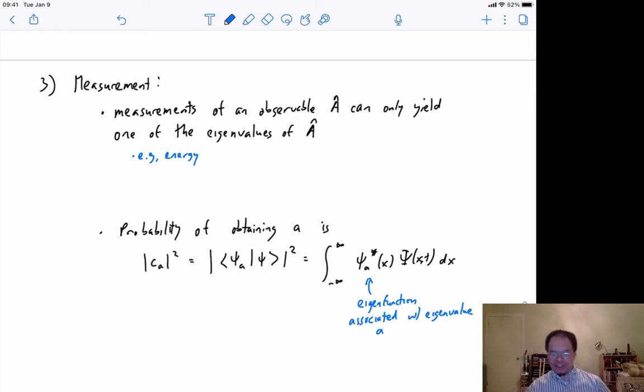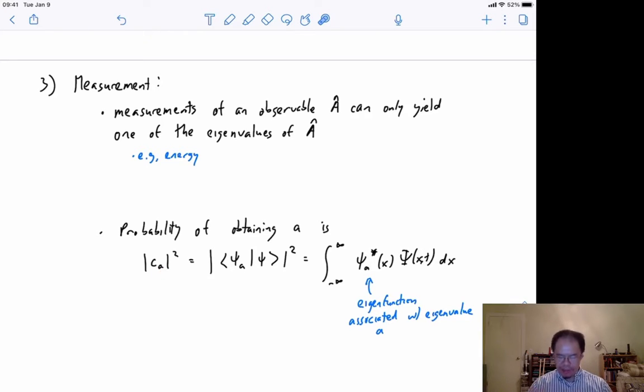Then that sort of brings us to the next part of this, which is probability. So the probability of obtaining the result, which I'll call little a, is a probability given by the inner product we talked about a couple of classes ago. So again, energy is the best example. You can always expand an arbitrary wave function as a sum of energy eigenstates where you have these expansion coefficients.